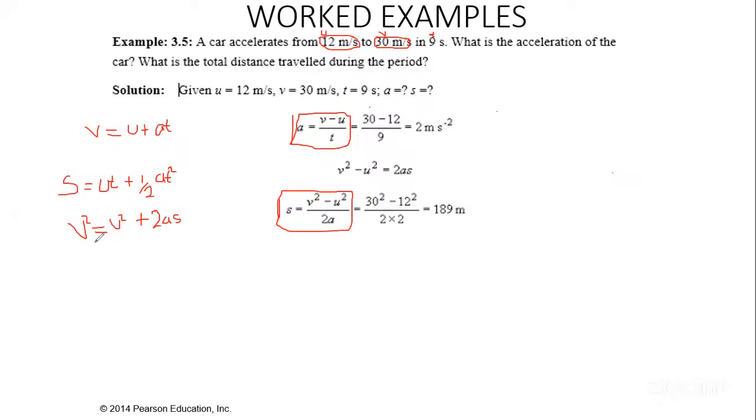So this second equation is what we use there. This becomes v squared minus u squared over 2a equals s. Substituting the values gives that answer, 189 meters.